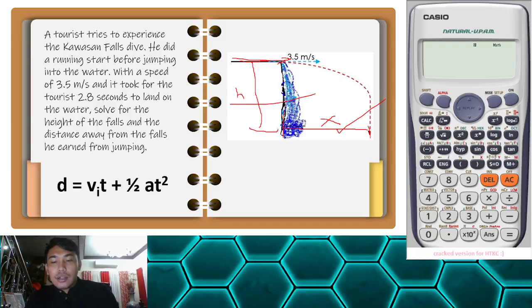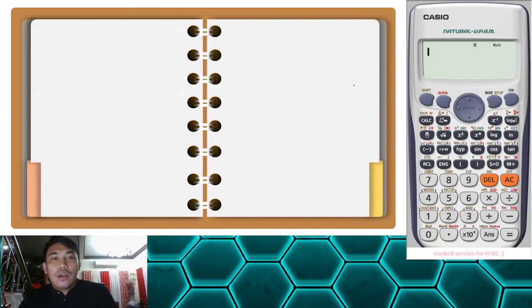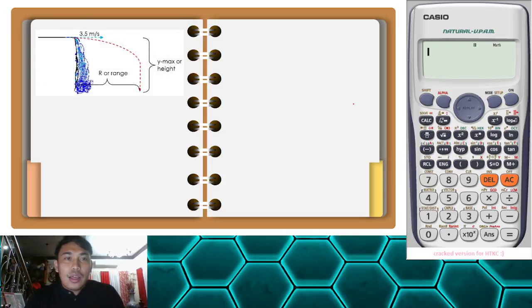These are the two components that we're going to solve. For the terminologies, the distance between the landing point and the starting point is what we call the range.